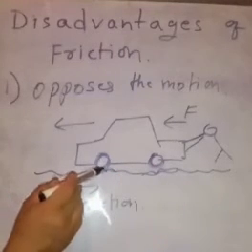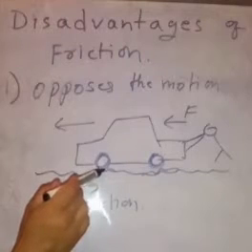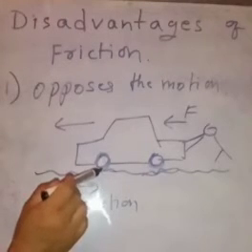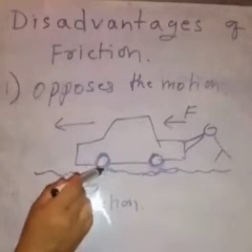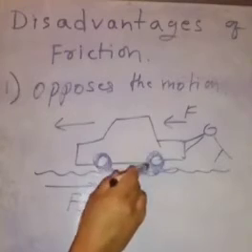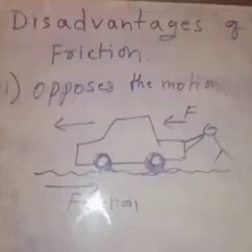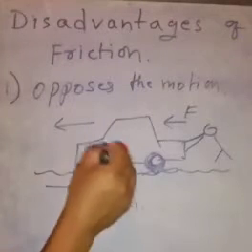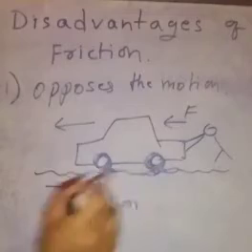So between the tire and the road there is contact, there is contact force, so there is also friction. Due to this friction, the tire becomes a little bit damaged. So after a few days or a few months or a few years, you have to replace the tire because it was damaged due to friction on the road.